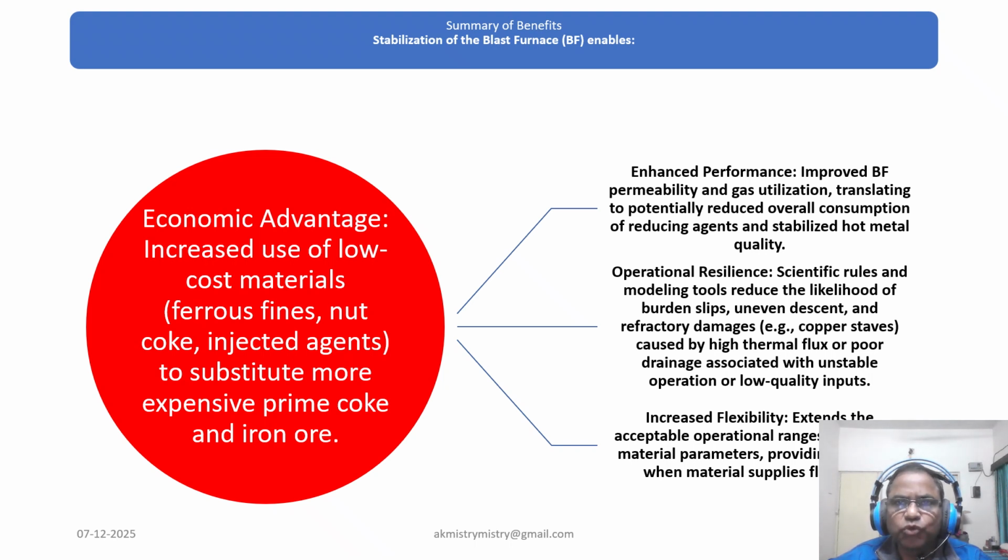The scientific rules and the modeling tools reduce the likelihood of burden slips, uneven descent, and refractory damage caused by high thermal flux or poor drainage associated with unstable operation or low quality input. This also grants increased flexibility, extending the acceptable operational range for key raw material parameters when supplies fluctuate.